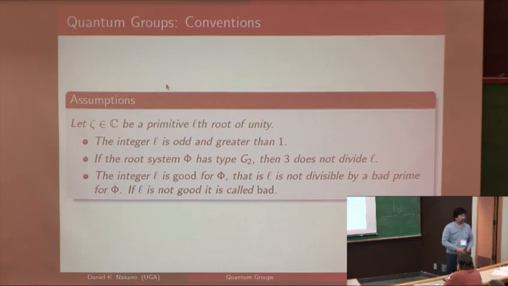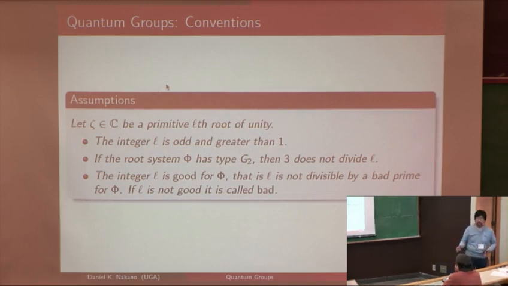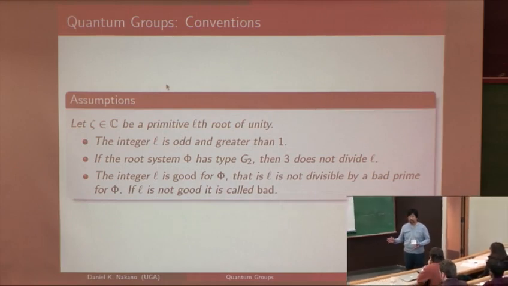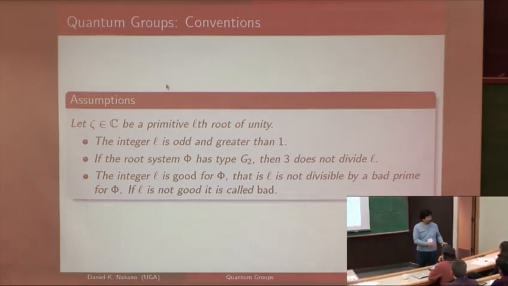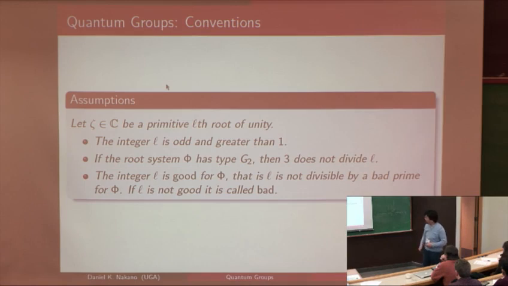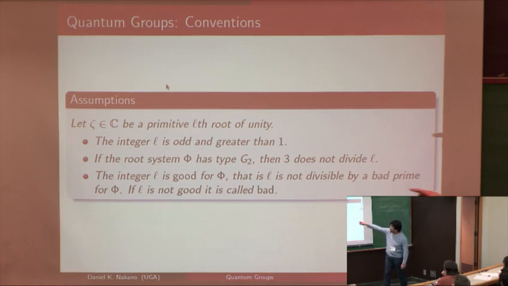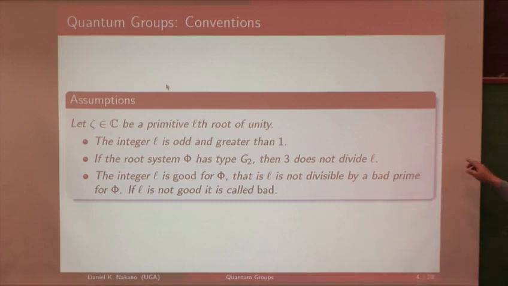Okay, next I'll define the notation and conventions I'll use in this talk. A lot of this follows what Henning did in his talk, so I thank Henning for doing a great job introducing the concepts. In my talk, zeta will be a primitive lth root of unity; in his talk, zeta was equal to q.